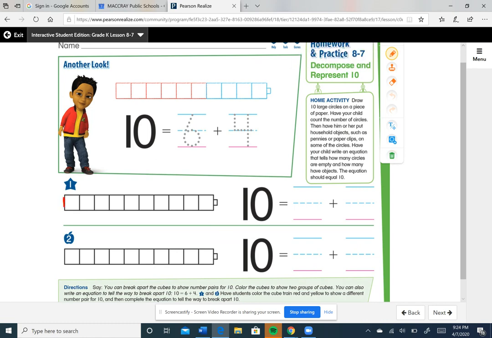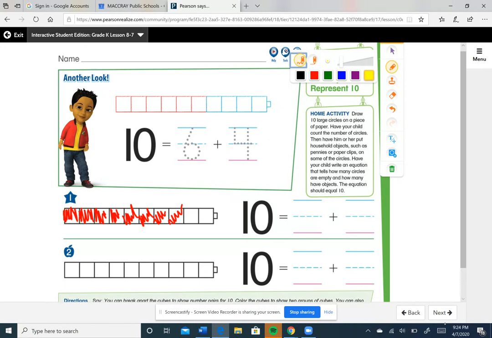So I'm going to color 1, 2, 3, 4, 5, 6, 7, 8 red, and 2 yellow.